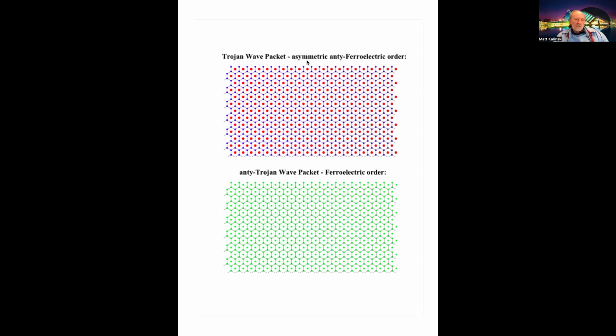on the honeycomb phase center lattice, you already get two-color asymmetric anti-ferroelectric order with Trojan wave packets. The native ferroelectricity is anti, and you also get, like with normal honeycomb, ferroelectric order with anti-Trojan wave packets.